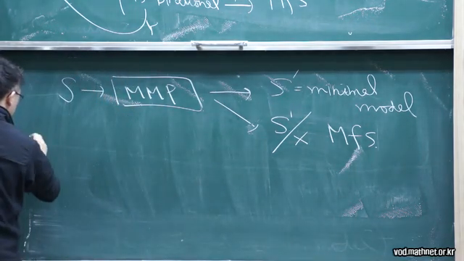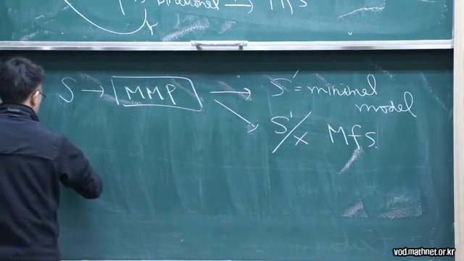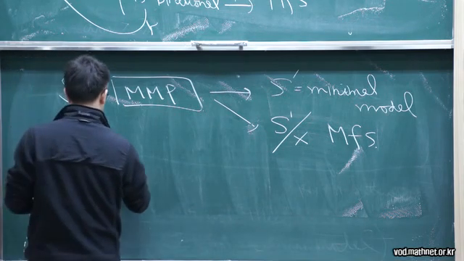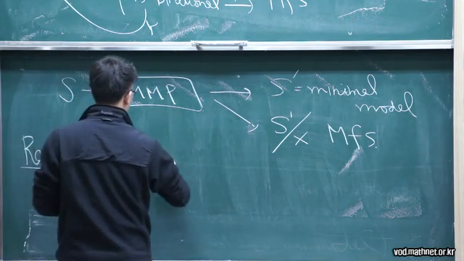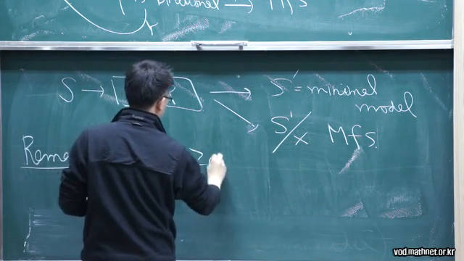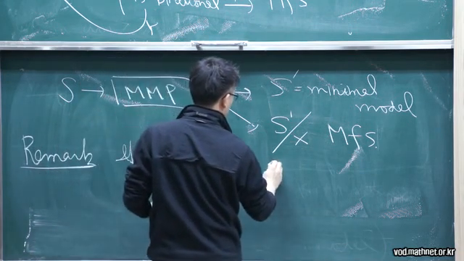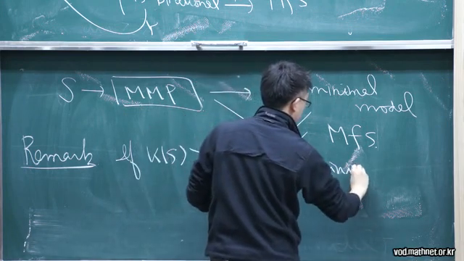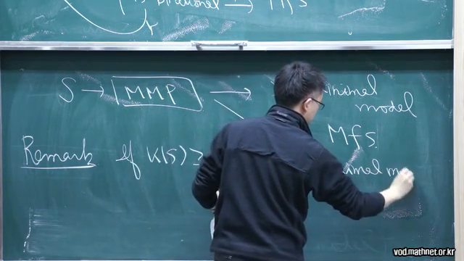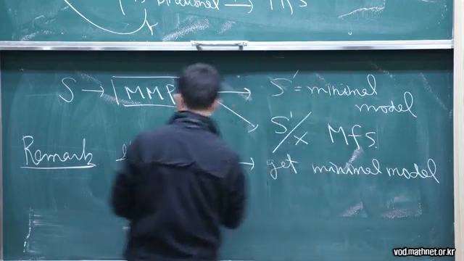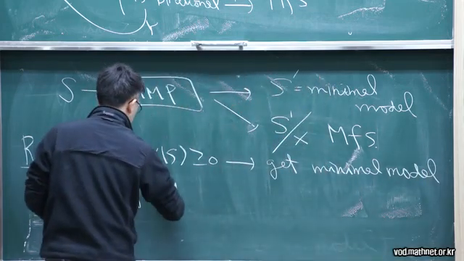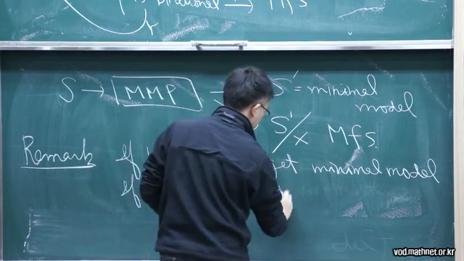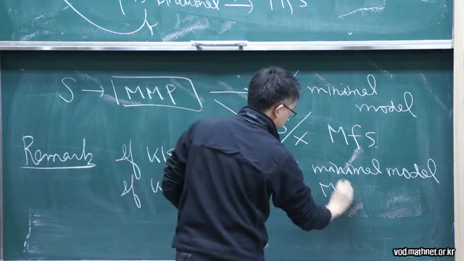This was already remarked in Dr. Takuzo's talk: if the Kodaira dimension of S is non-negative, you get a minimal model. And if the Kodaira dimension is negative, then you get a Mori fiber space.